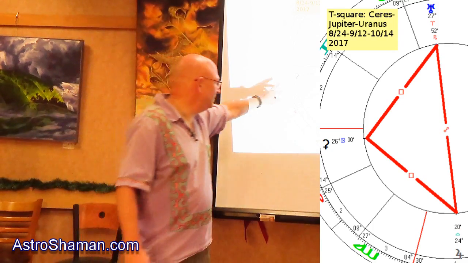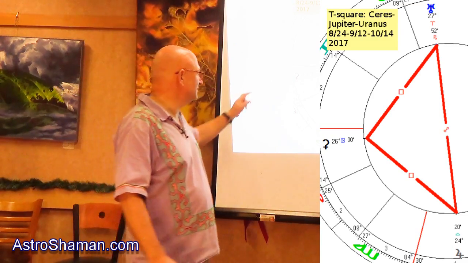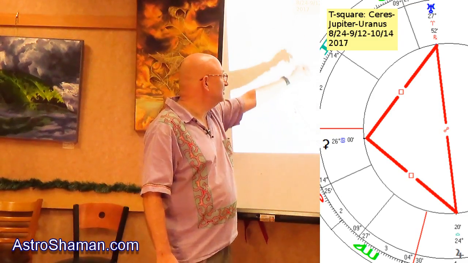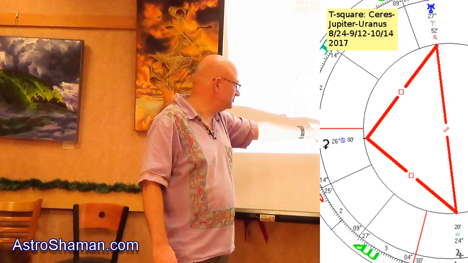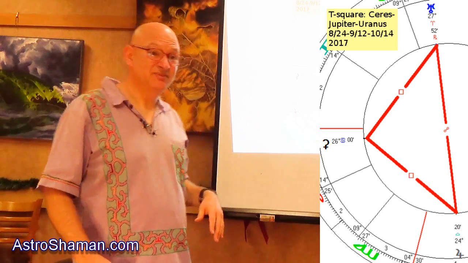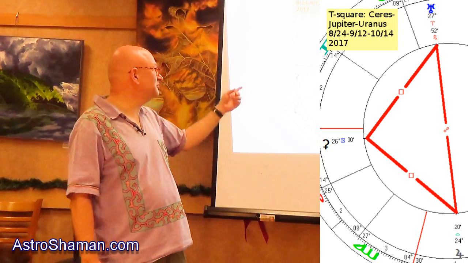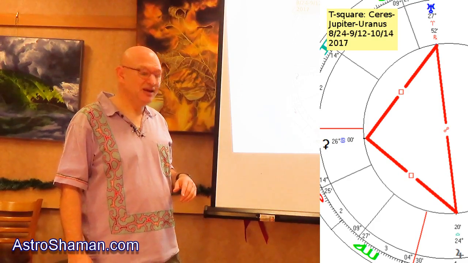Again, on the high side, Ceres is money. It's abundance, it's wealth, it's the grain goddess. So ask yourself, what revolutionary shift can I make to have Jupiter amplify and expand my abundance? If there's a chink in your abundance strategy, it may get shown to you during this process.